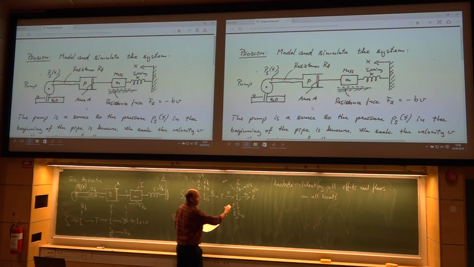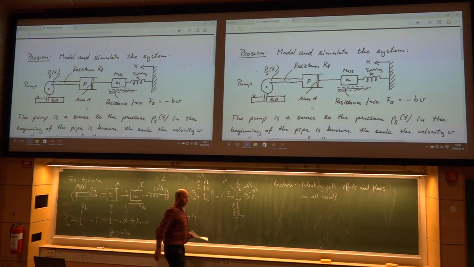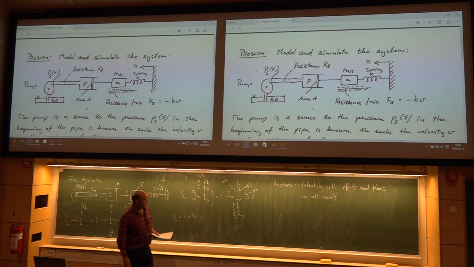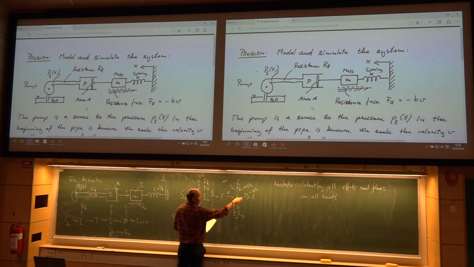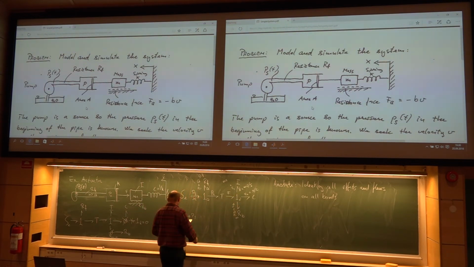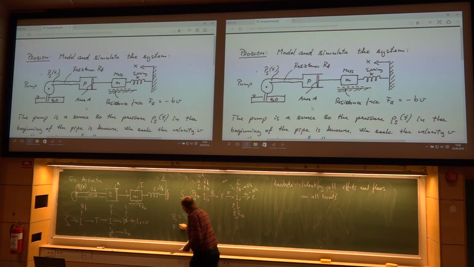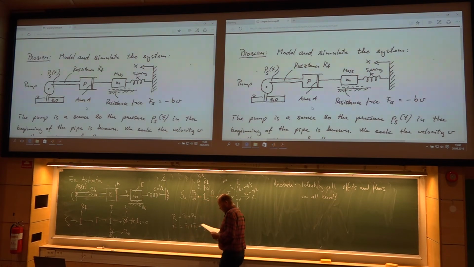Here also you will have a summation rule. The sum of all the forces has to end up with 0 when the flow is the same on all bonds. So the force entering equals F1 plus F2 plus F3.